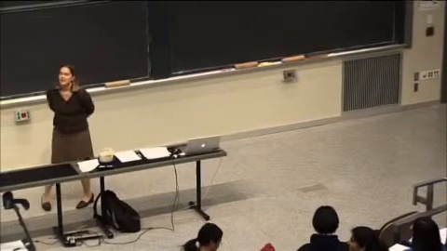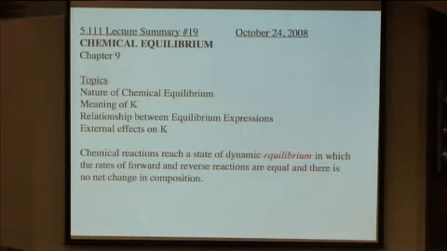So chemical reactions can go into a state of equilibrium. And it's a dynamic equilibrium. The reaction is still happening. But if a reaction is in equilibrium, the rate of the forward reaction will equal the rate of the reverse reaction. So there'll be no net change in composition.